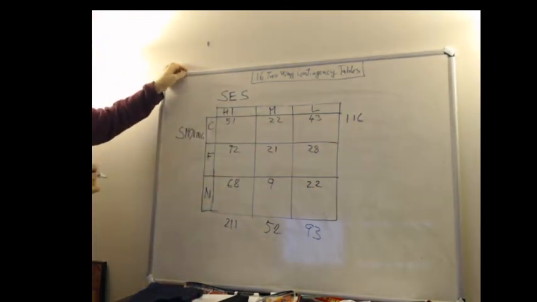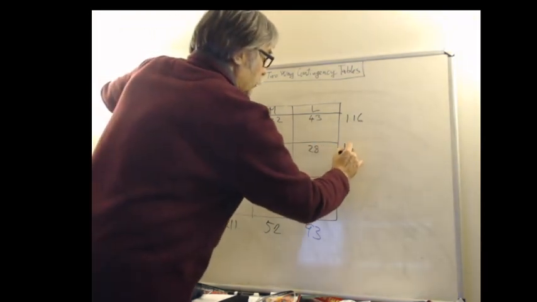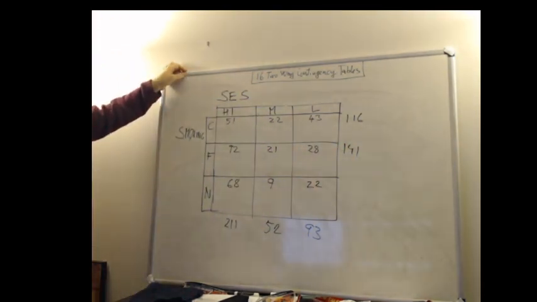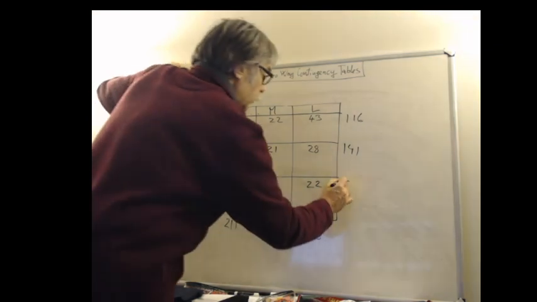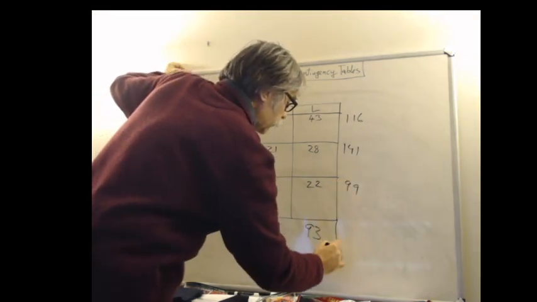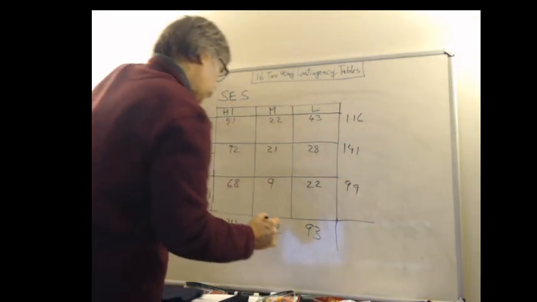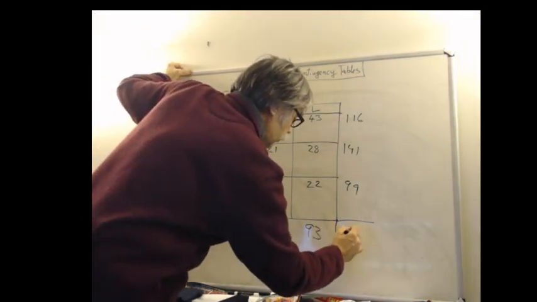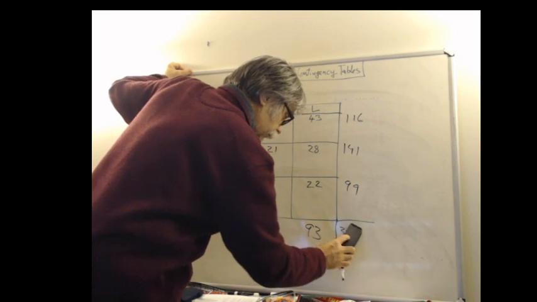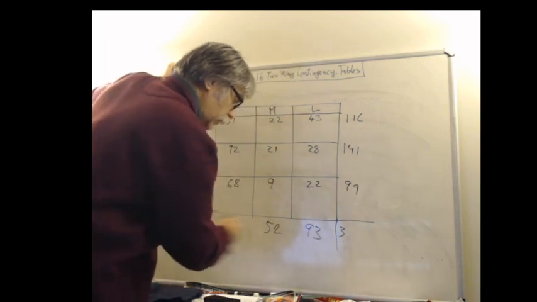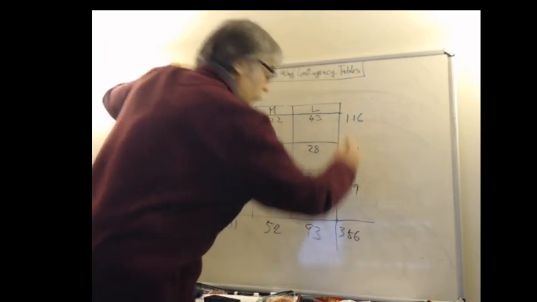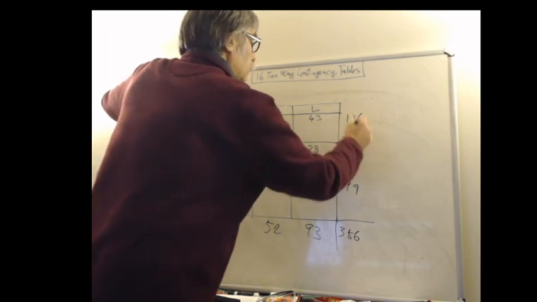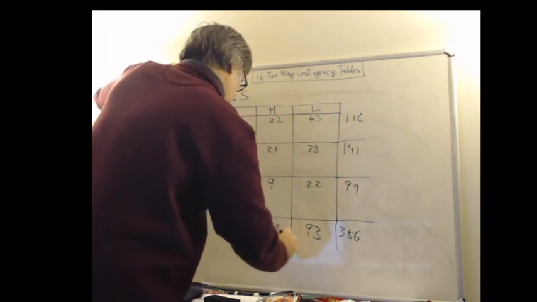The former smokers were 141, and the people that never smoked in the whole group is 99. And then of course you have the total, and I already said, is 356, so you have to check it out. This adds up to 356, and this of course ought to add up to the same, right? Okay.